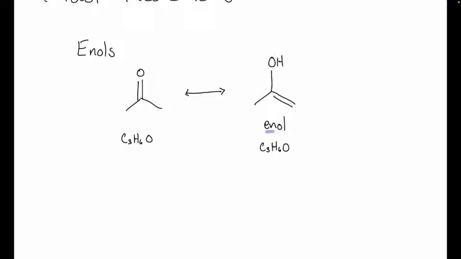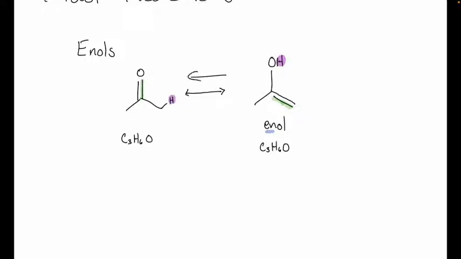But really it's just this intramolecular rearrangement where one of the hydrogens from this neighboring carbon goes up here onto this oxygen, and you have the movement of this double bond over here. Okay, so every ketone that you have, it's constantly rearranging itself. It's in equilibrium with these enols.